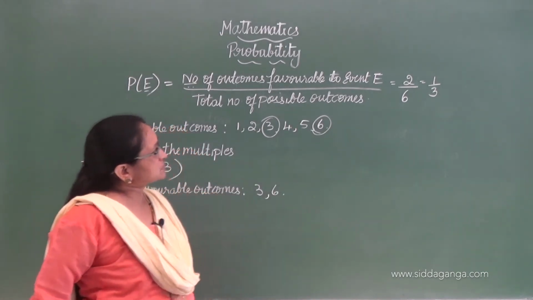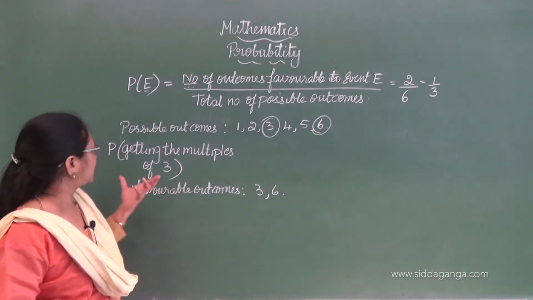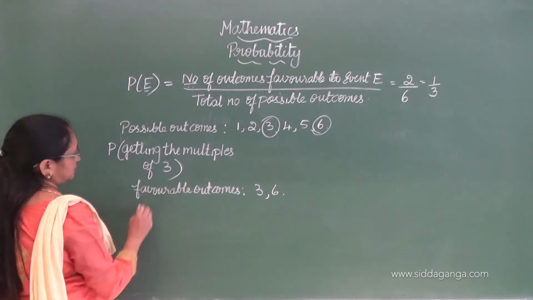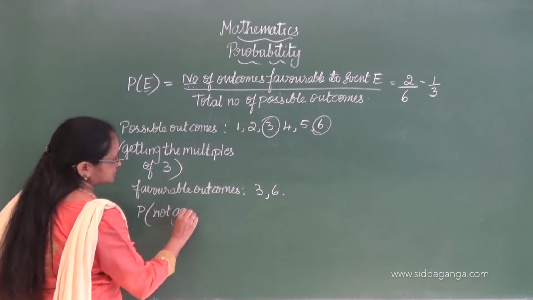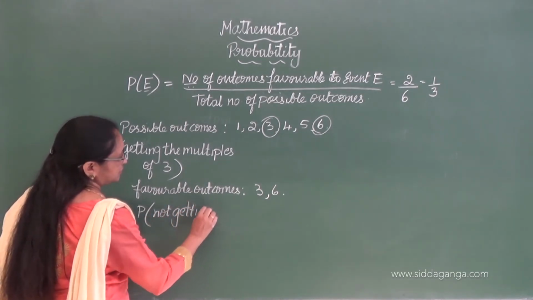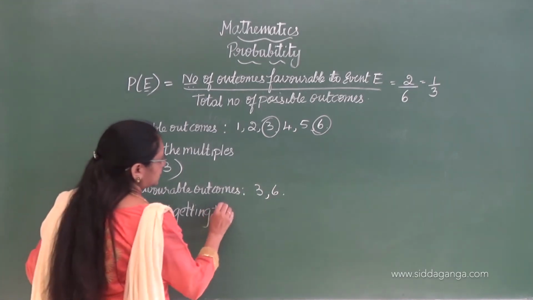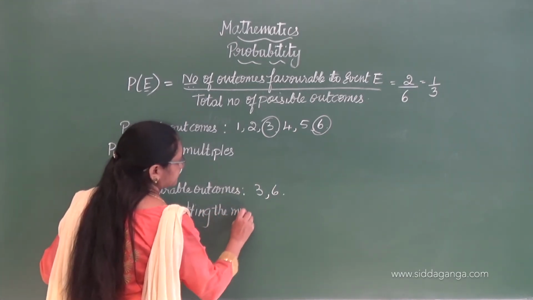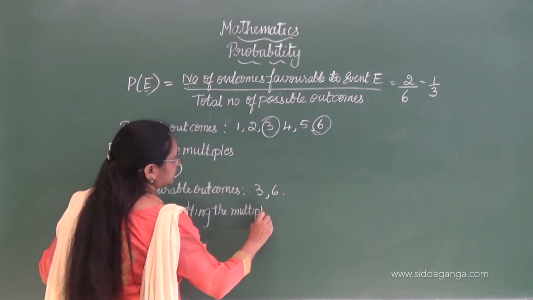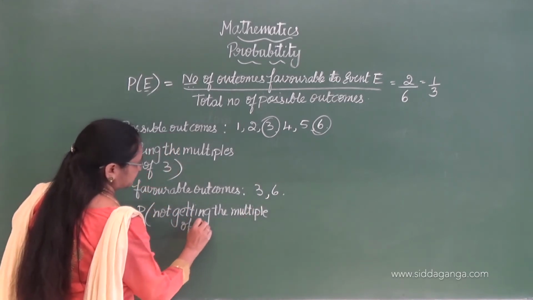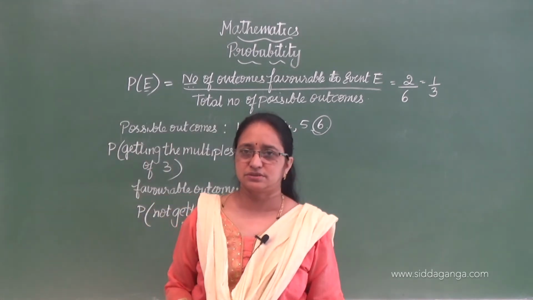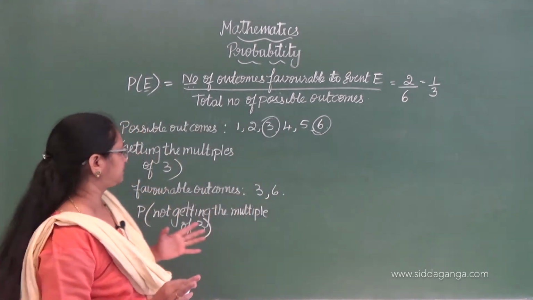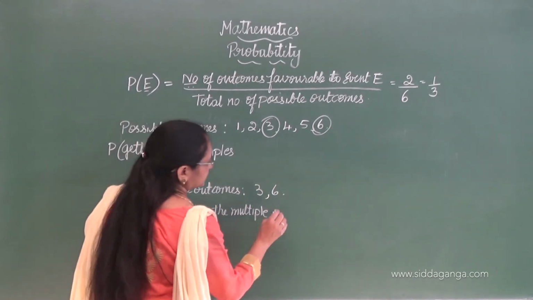Suppose I ask you another event: the probability of not getting the multiple of 3. Please concentrate here. Not getting the multiple of 3 means how many?